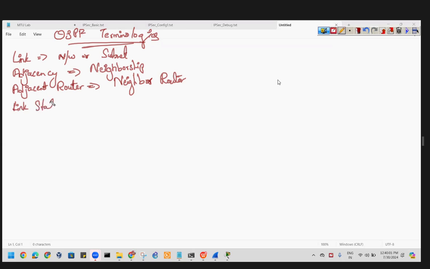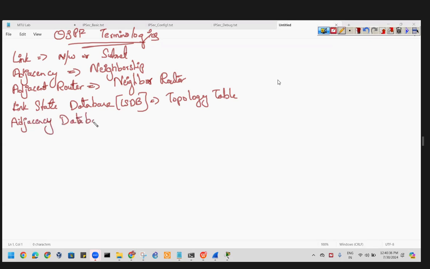Link state database, LSDB. Adjacency database, neighbor table.